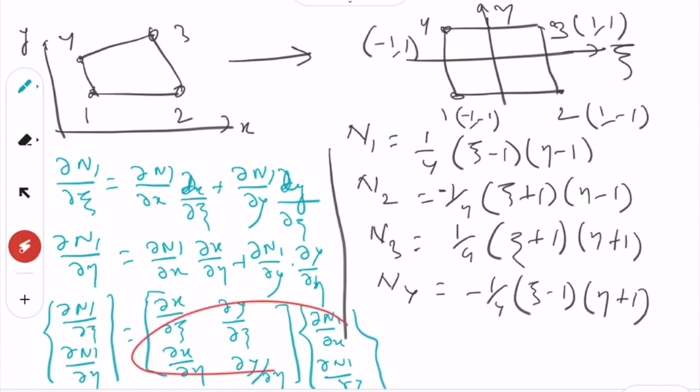Basically we know from here that this will be the inverse of this.